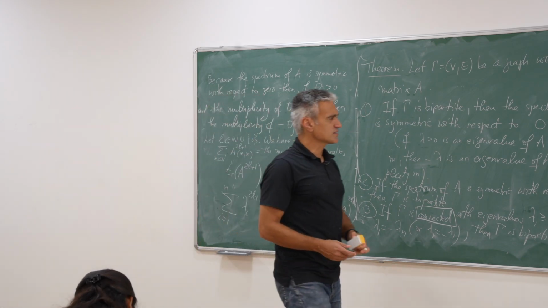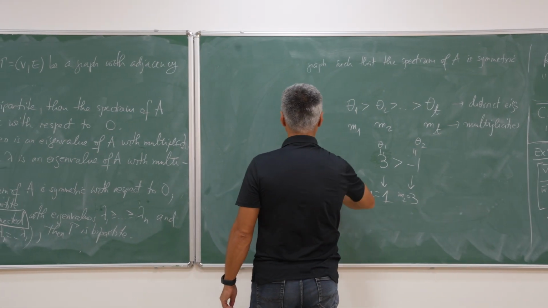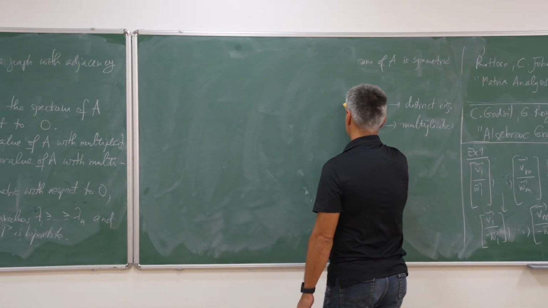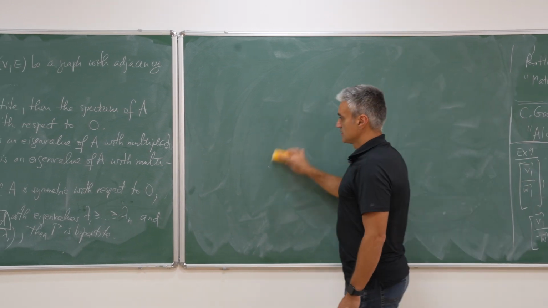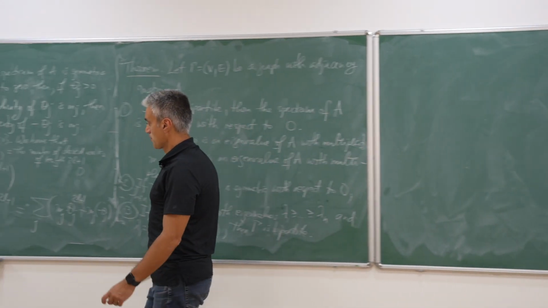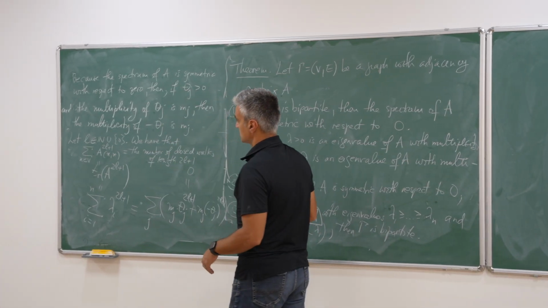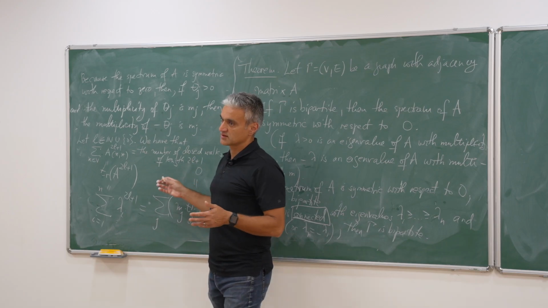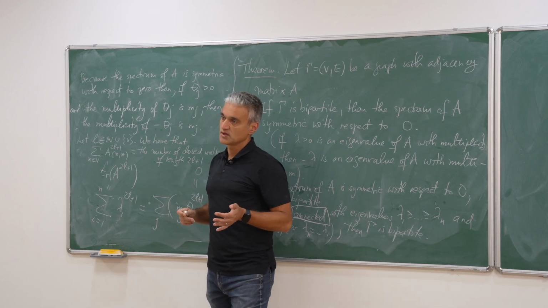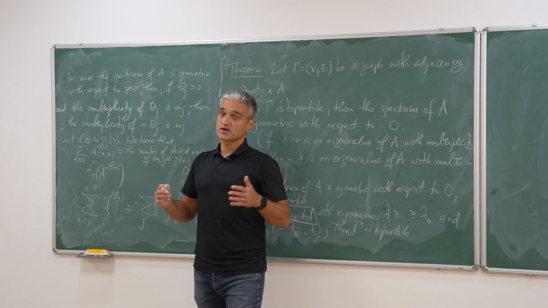Now there is an equivalent characterization. I don't know how useful it is, but you can rephrase this condition about being bipartite and the spectrum being symmetric with respect to 0 in terms of the coefficients of the characteristic polynomial.